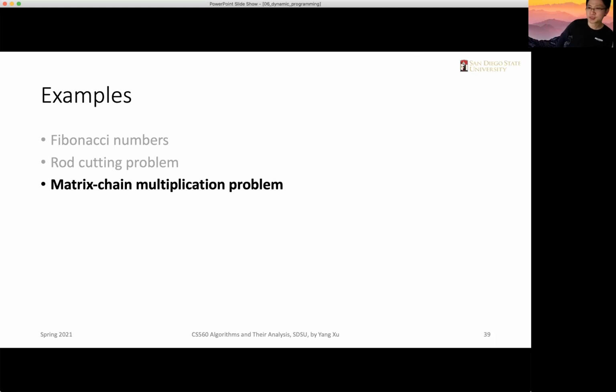First of all, it's about matrix multiplication. So I think it can remind us of something that we talked about in the divide and conquer approach, right?